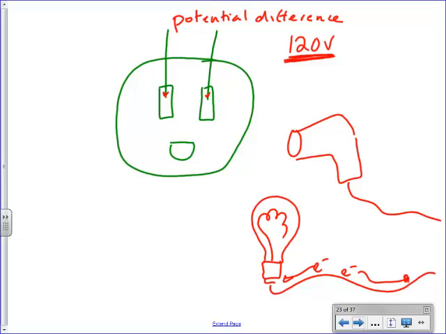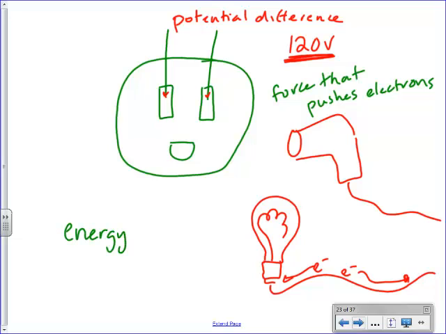It's sort of the force that pushes the electrons through a circuit, and it's also going to equate to the energy that the charge holds. And then, of course, we dissipate that energy with our different appliances.